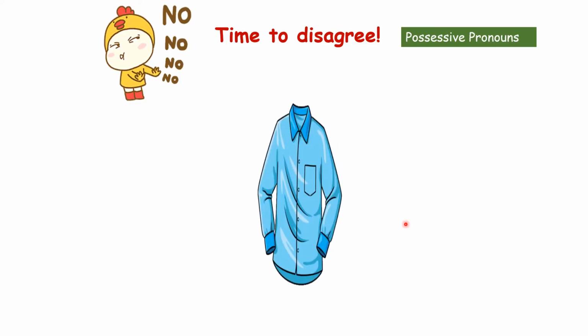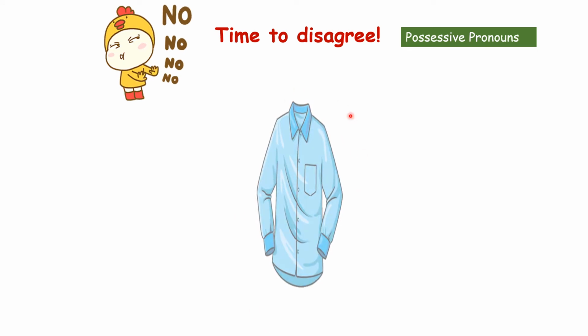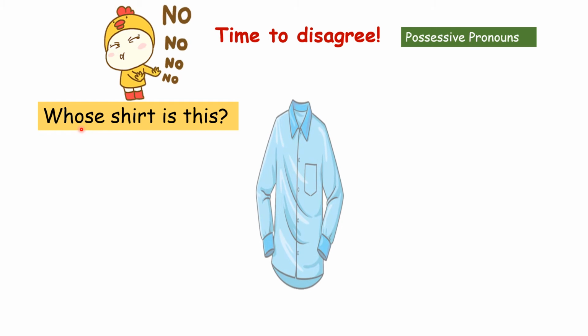Now, let's learn how to ask a question regarding the ownership of this shirt here, this one shirt. Remember, this is about one shirt. And how to answer by disagreeing to the ownership of this shirt. Okay, let's proceed to the first example. The question is the same.